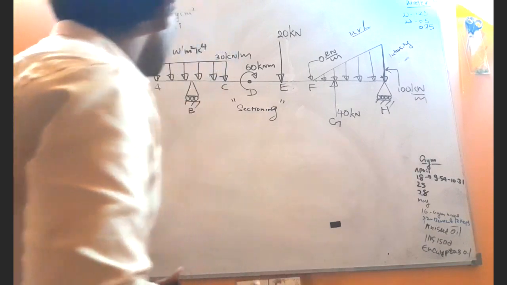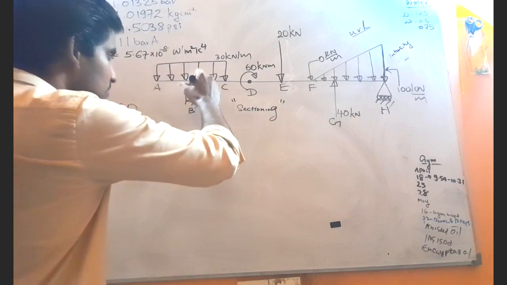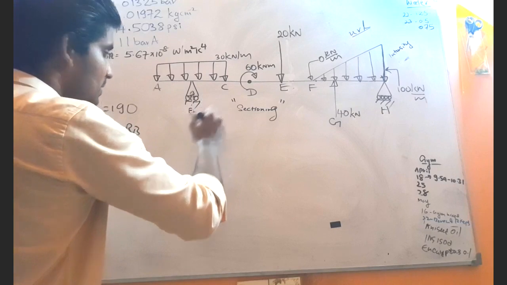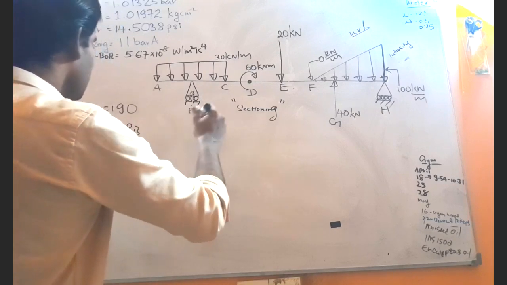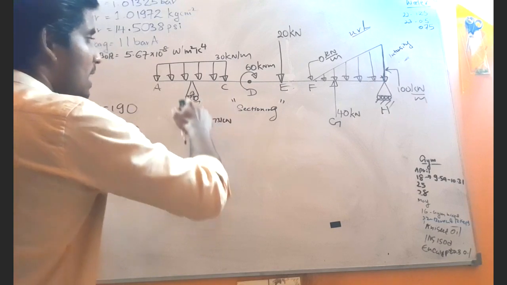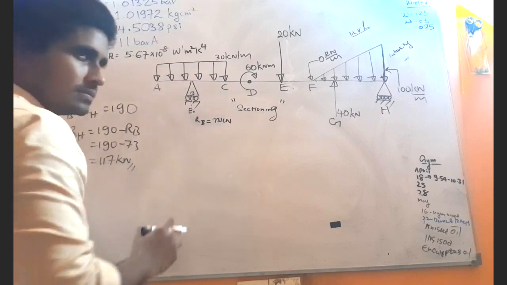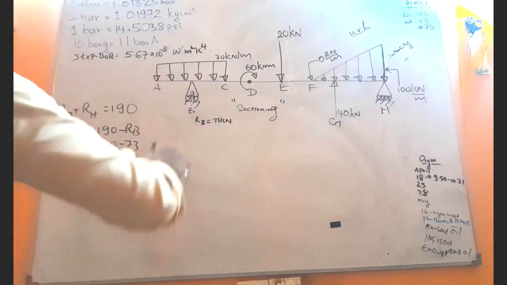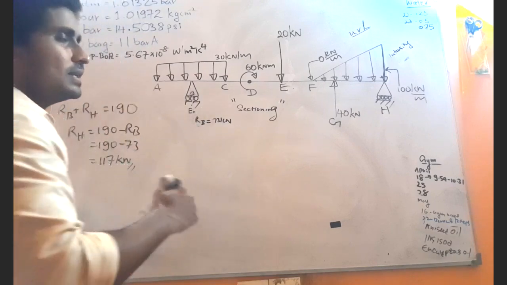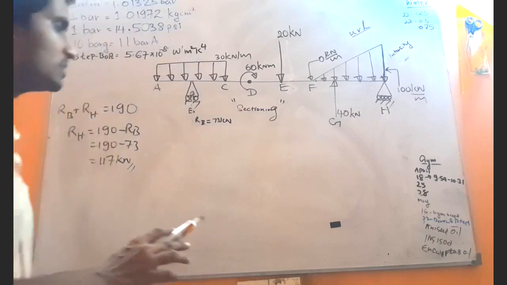First section: you know that here we have a reaction RB, which is 73 kilonewtons. At this point, what is this length? This length is actually 1 meter. But at this point we have a different load. That is the first experience that it meets, and that is how we do section.